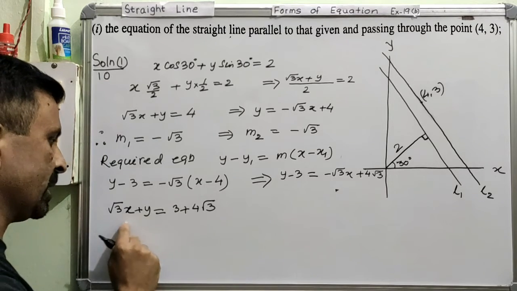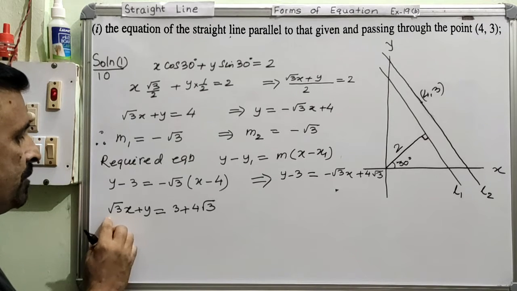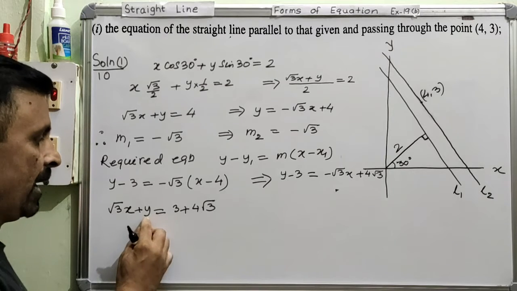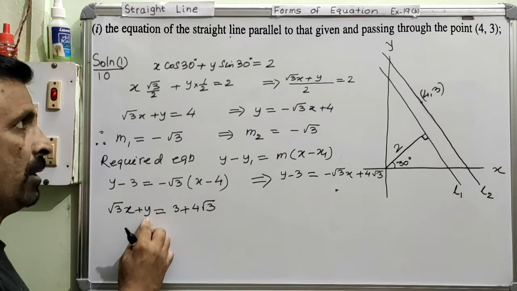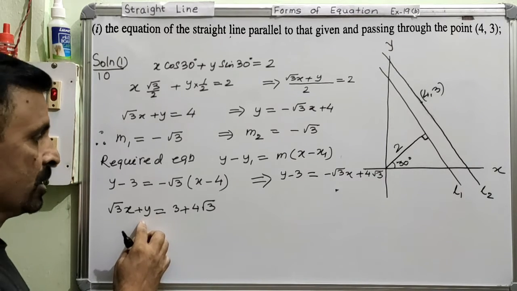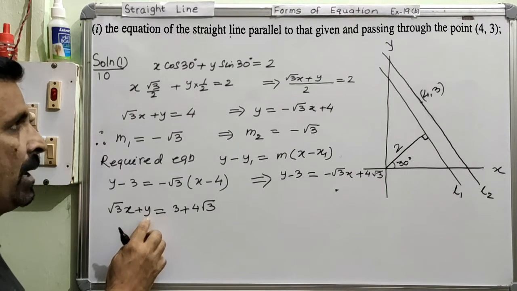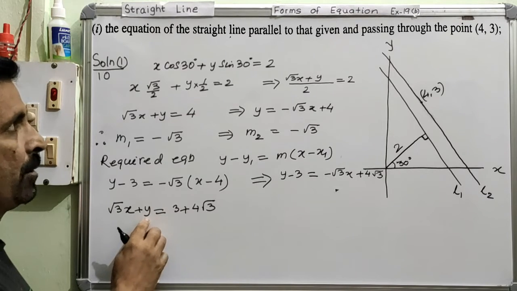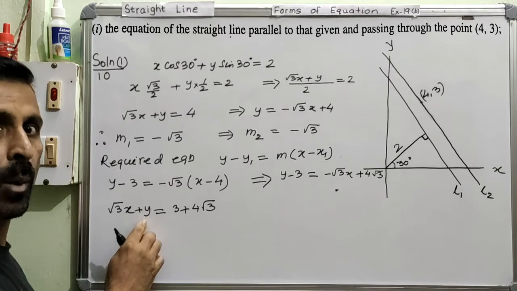But when we try to do that, we need to know for which angle the value of cos is root 3, and for which angle the value of sine is 1, because the coefficient of y is 1. Sine at 90 degrees, the value of sine will be 1.